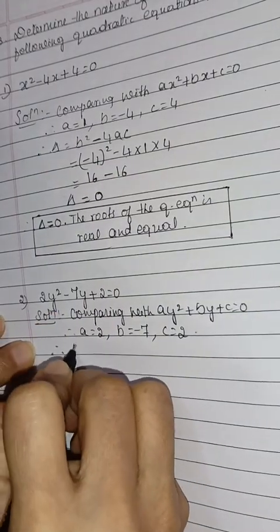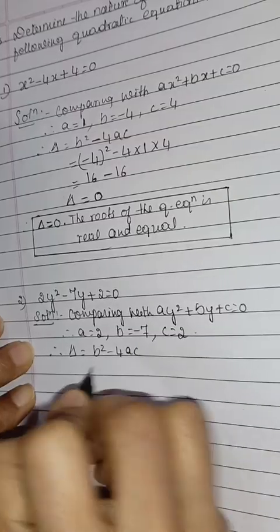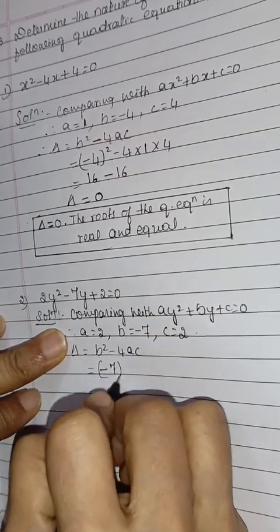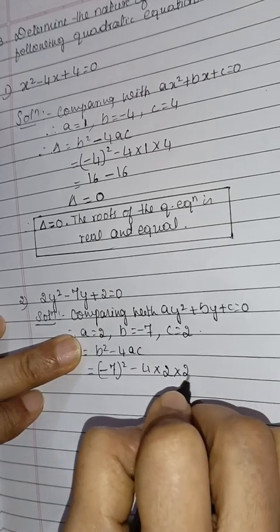Therefore delta is b square minus 4ac. b square is minus 7 square, minus 4 multiplied by a is 2, c is 2.